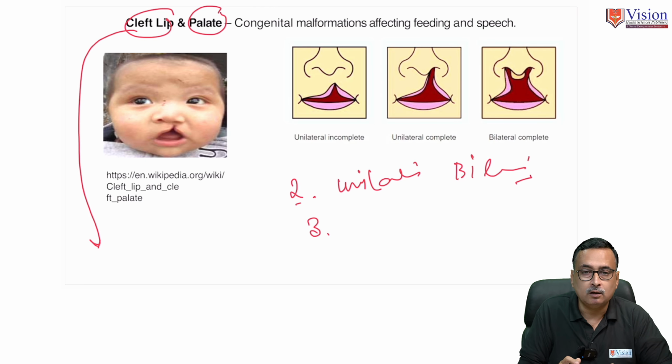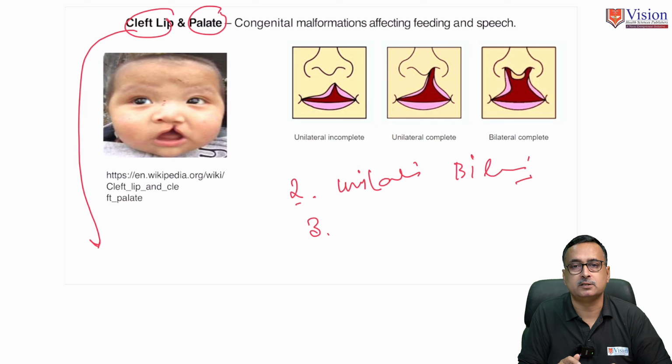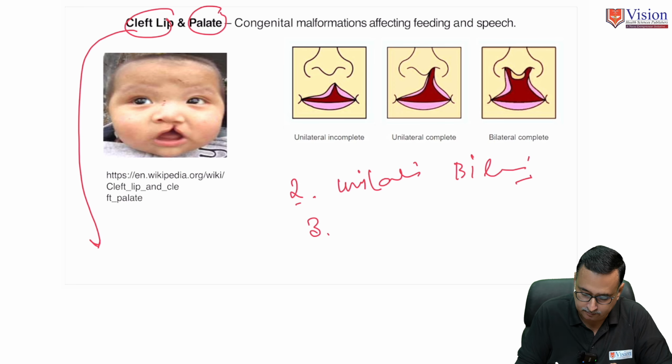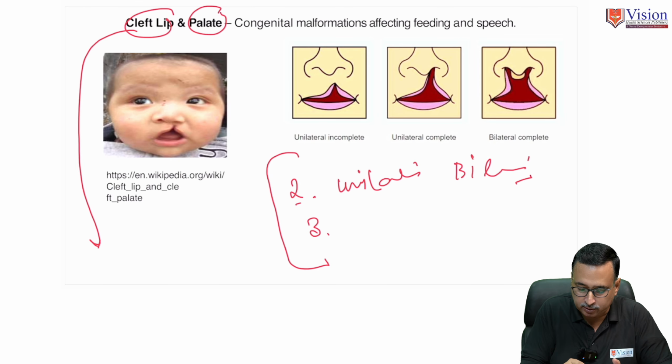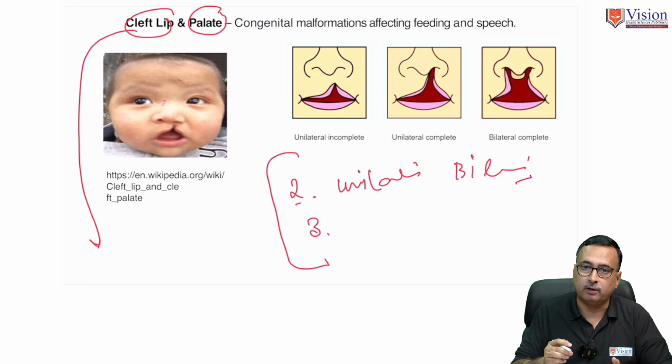Third point, suppose the cleft lip is in the upper lip. It may be only confined to the lip, or it may extend to the nasal cavity. So these are the different types of cleft lip: a split in a lip, maybe unilateral or bilateral, maybe incomplete, confined only to the lip, or extending to the nasal cavity. Now this diagram clearly depicts what we have discussed.